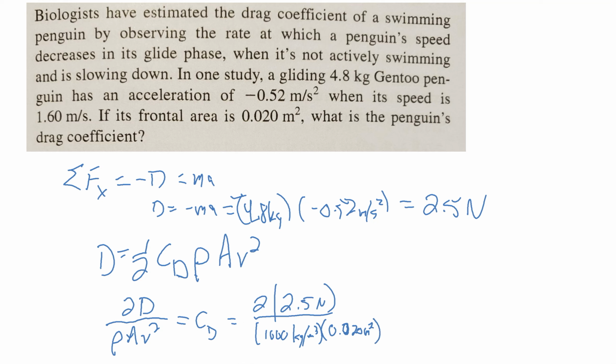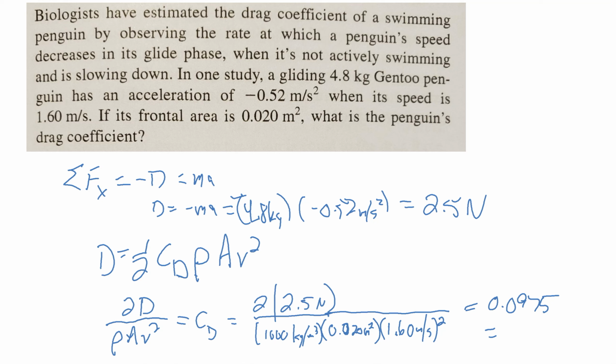And then the V squared, what is that? 1.60 meters per second, and then that is being squared. And we get 0.0975. Significant figures would take us to what?